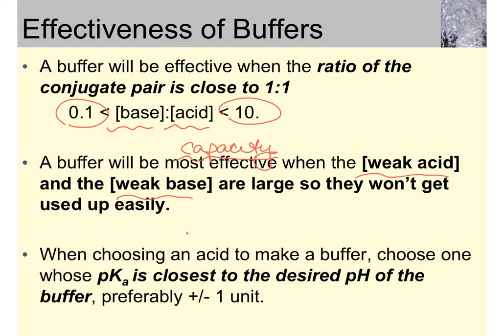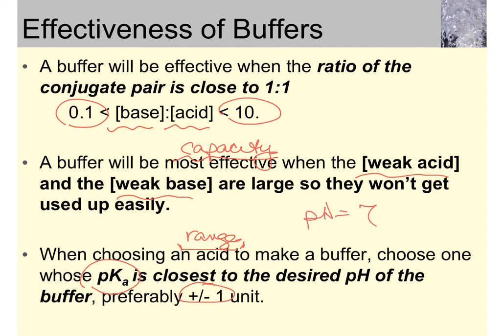Then we talk about buffer range. Okay, so what range of pH is a buffer system able to control? Well, the rule of thumb is that you want to pick a weak acid whose pKa is plus or minus 1 from the pH that you want to maintain the solution at. So let's say I want to maintain a solution at a neutral pH of 7.